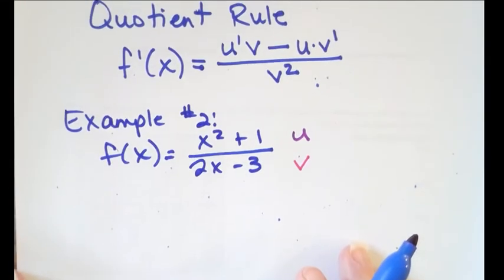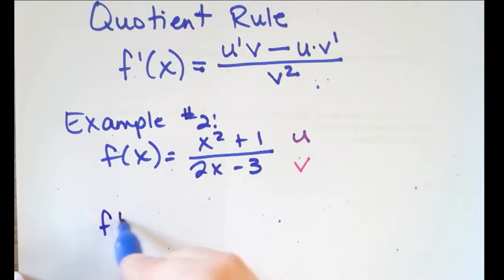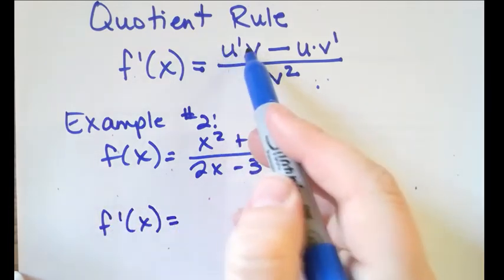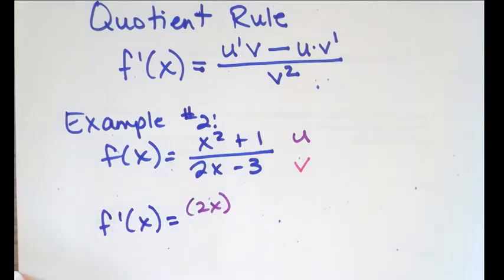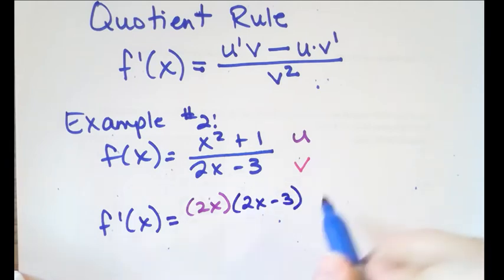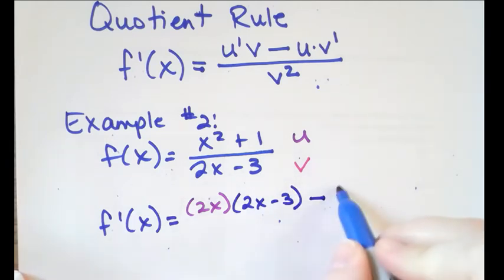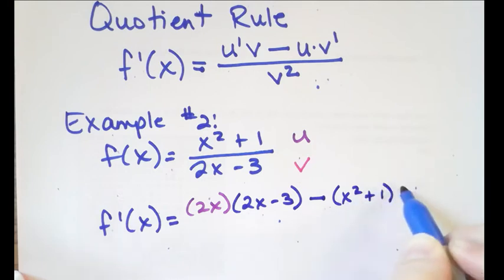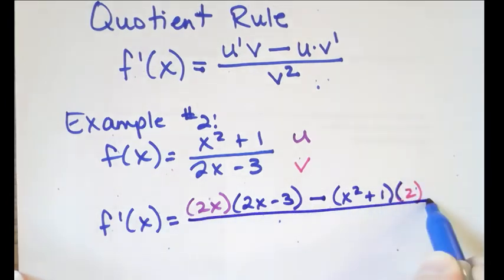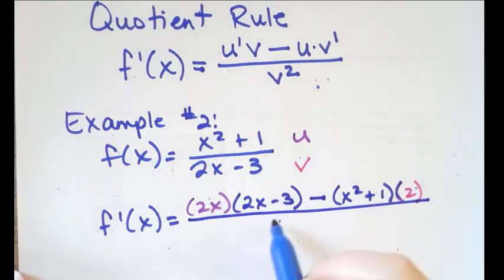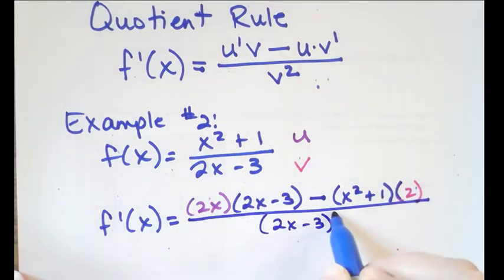So to use our quotient rule, f prime of x is going to equal the derivative of u, so in this case 2x, times v, 2x minus 3, minus u, which is x squared plus 1, times the derivative of v, which is just going to be 2. And that is all over the original v function, 2x minus 3 squared.